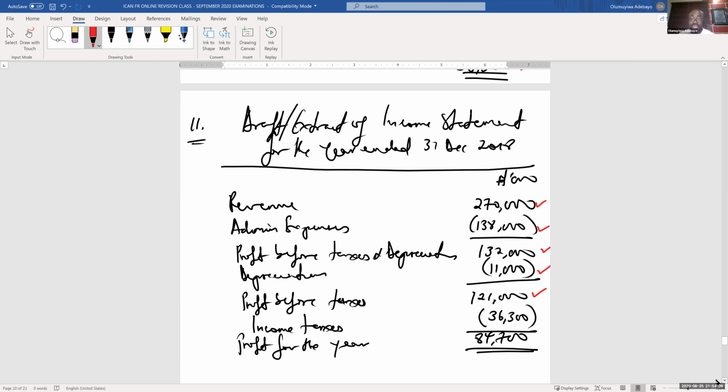By the time we deduct our income tax, made up of current and deferred tax to the tune of 36.3 million, we arrive at our profit for the year of 84.7 million naira. And that is for you to earn 20 marks. Very straightforward, very simple question.